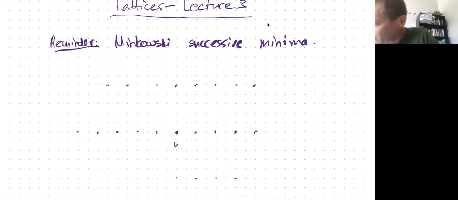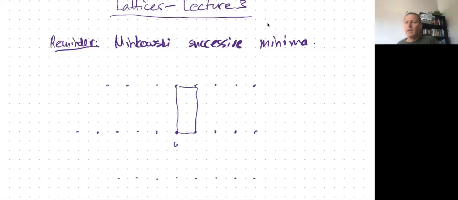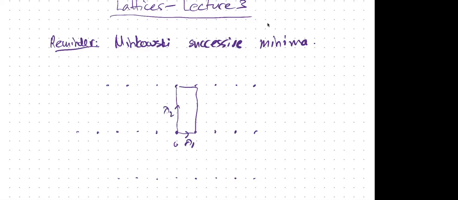The fundamental domain is a rectangle in the plane. And the successive minima: this would be the length of the first shortest vector, and then the second successive minimum would be the length of the next vector, which is shortest but linearly independent of the first.